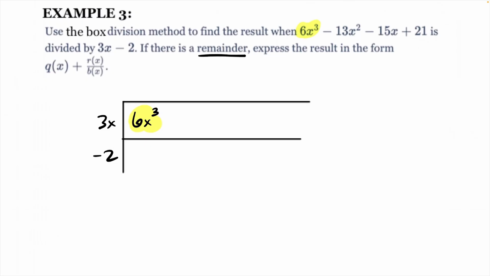Good. Multiply. 3x times what makes 6x cubed? 2x, 2. Yep, to the second power, good. 2 times negative 2 makes negative 4x squared. Close off that section of the box.